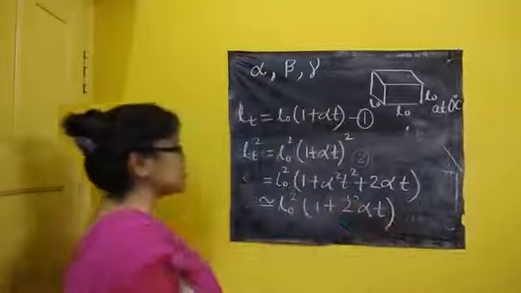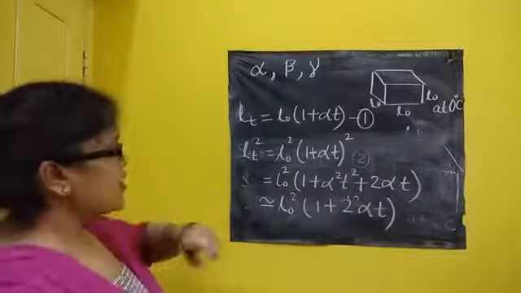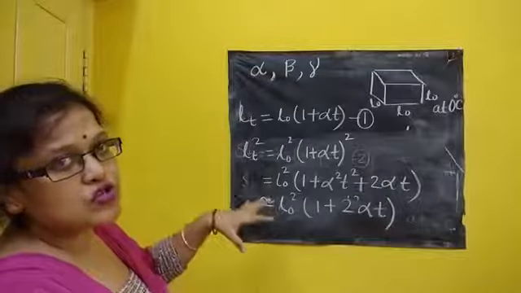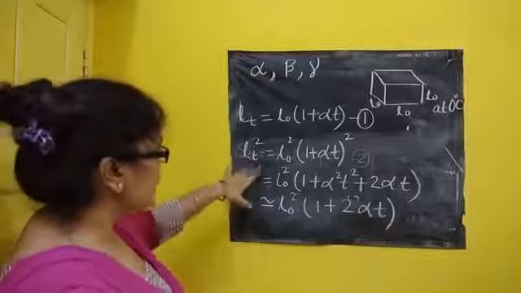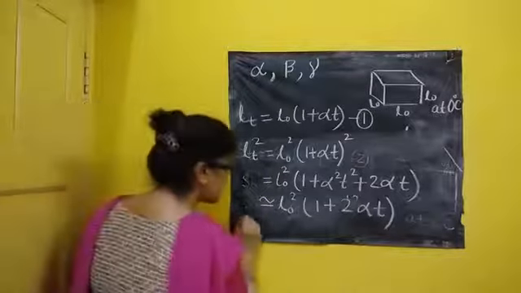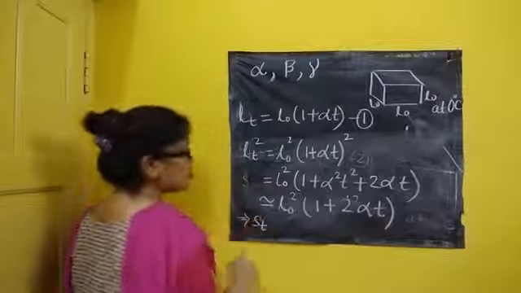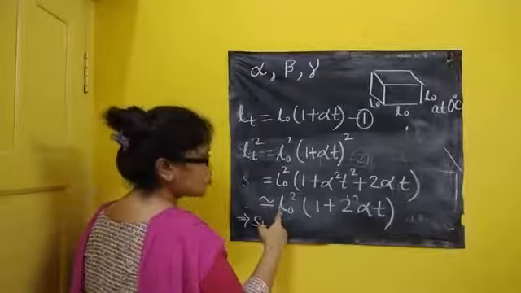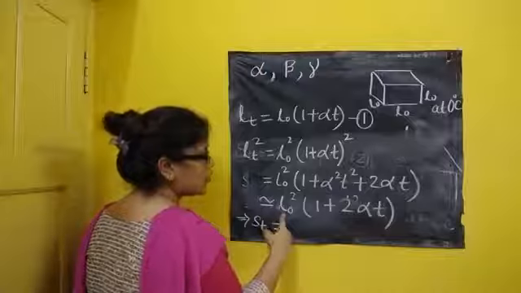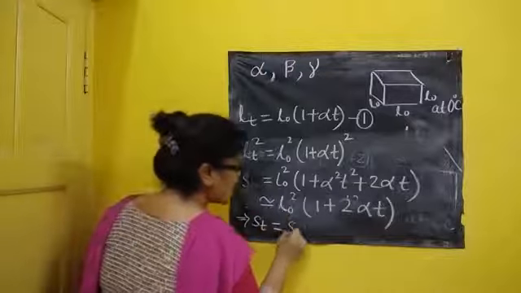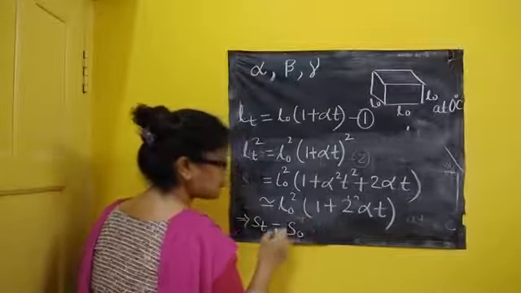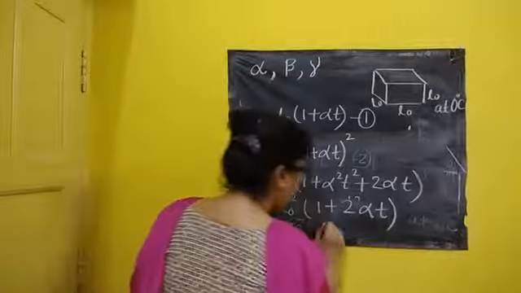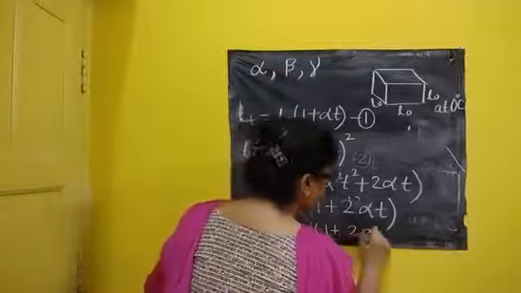Now see, in equation 2 we already know that ST is equal to LT square, and L0 square is just S0. So ST is equal to S0 (1 plus 2 alpha t).